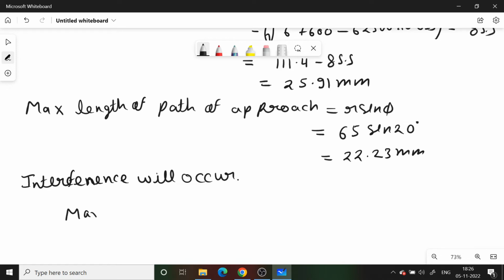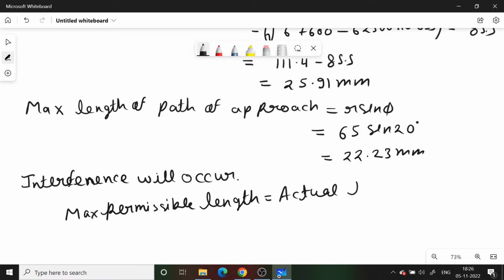So maximum permissible length will be equal to the actual length of path of approach.